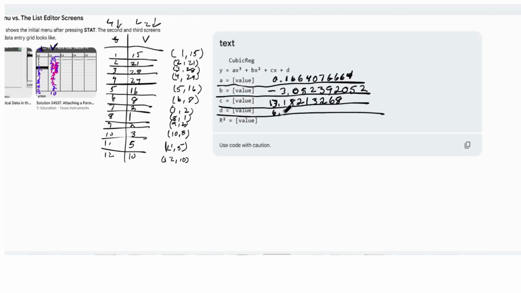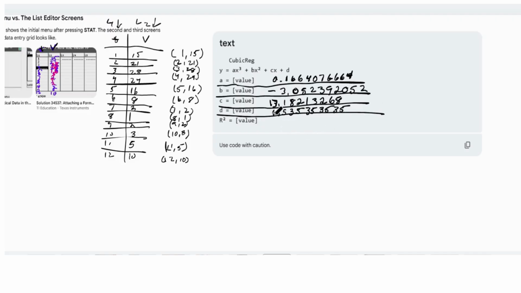D is 6.535. Again, tell me again. That's it, 6.535.